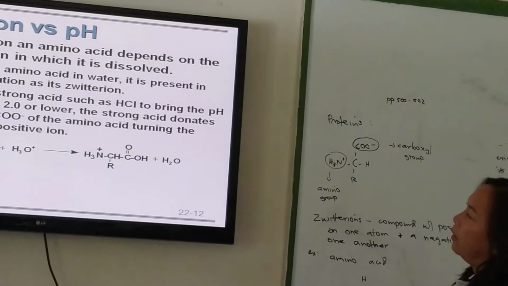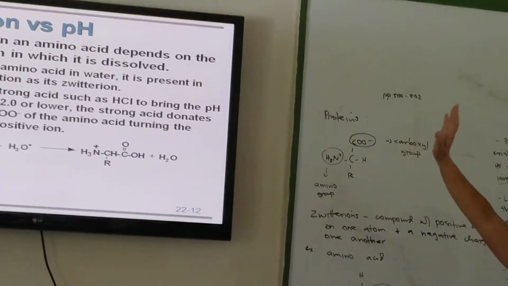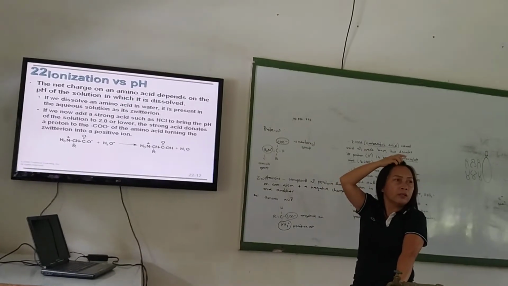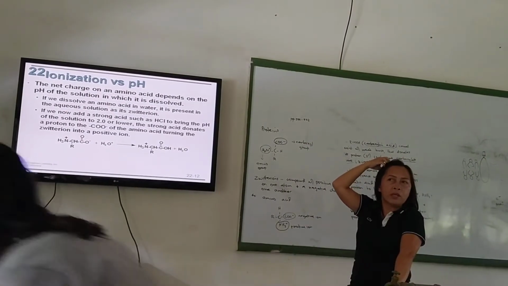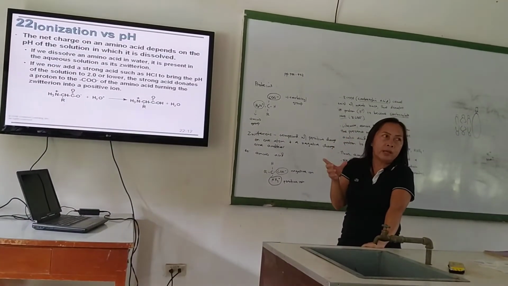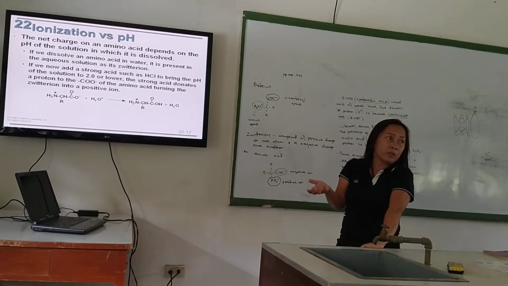So that is when the solvent is water. Now, take note of this, class, because you'll be using different solvents in the laboratory, and then you will be asked what will be the possible structure of your amino acid.